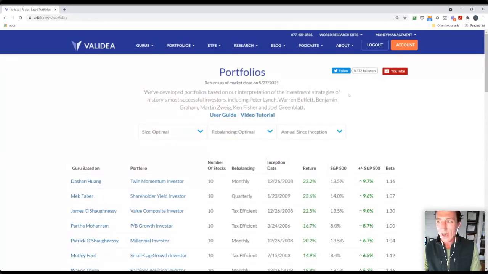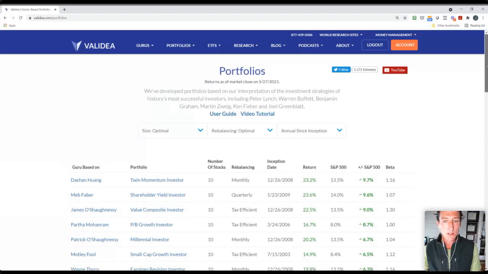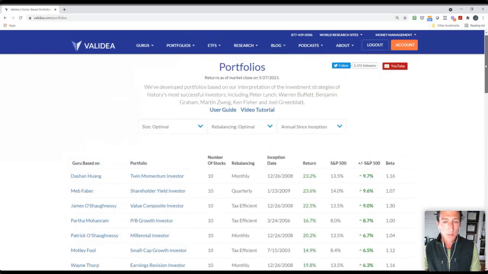But before we look at a model or two in detail, let me just explain some of the unique things on this page. The first thing is on Validea, we build and track 10 and 20 stock model portfolios. The reason that it's 10 or 20 stocks is because we want these portfolios to actually be investable for the investor.